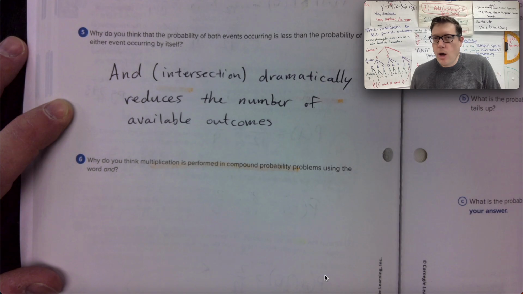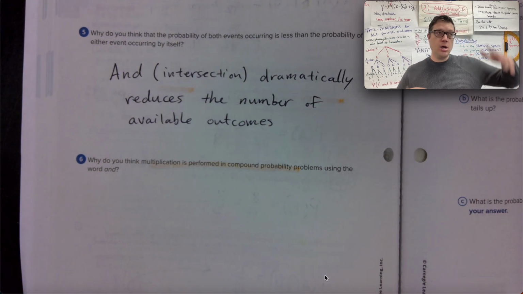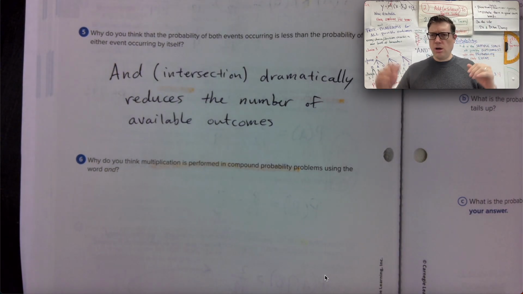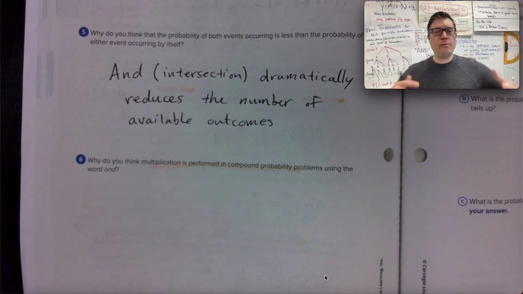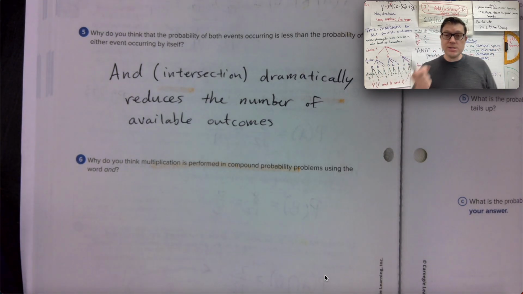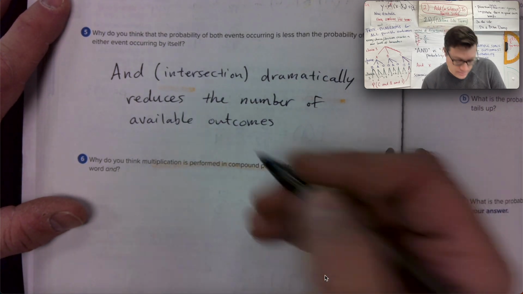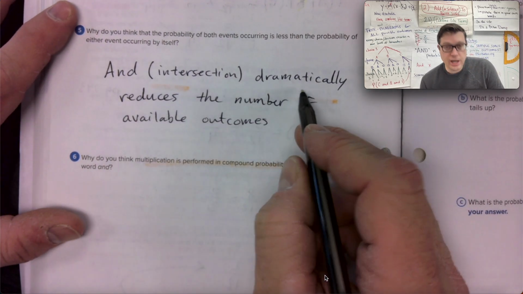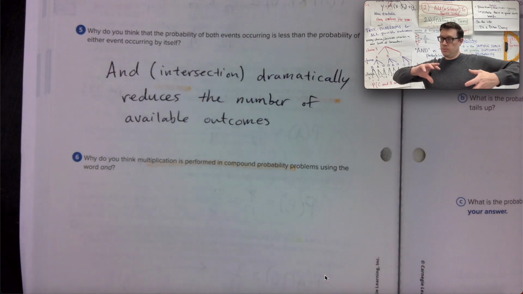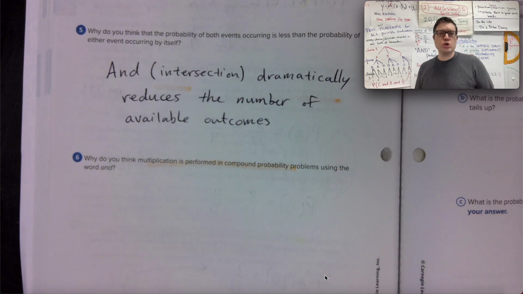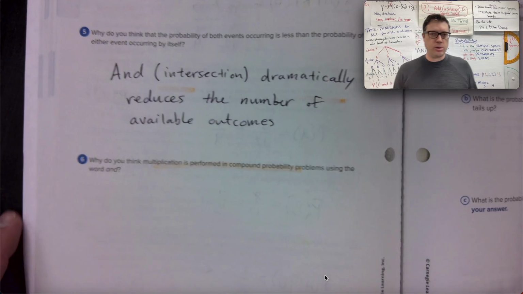It's still out of 12. That didn't change. It was 8 out of 12 and 4 out of 12. So they're still out of 12. But when you have that overlap, the ones that are double counted are the ones that we are including with and. So the number of available multiple combinations is so much smaller because we're only looking for what's double counted.